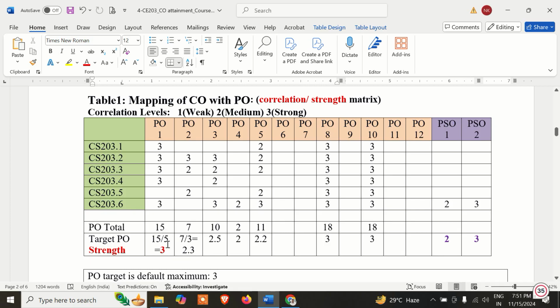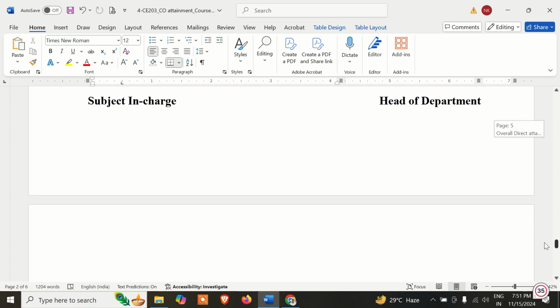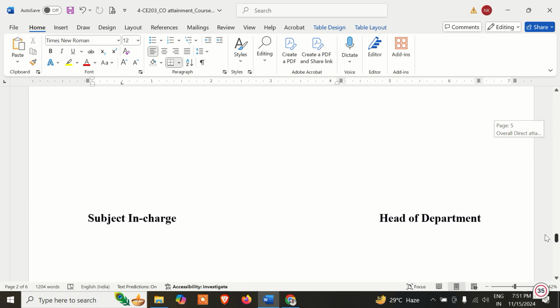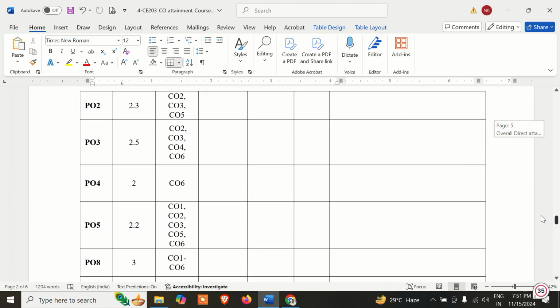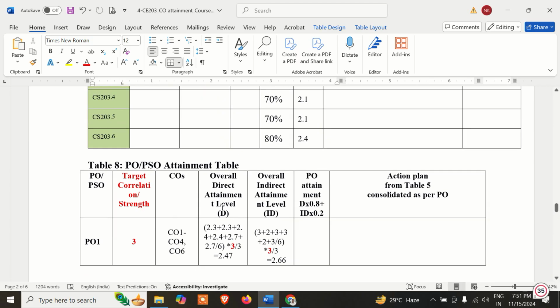You have to total them and average it, then you will come to know the strength of that particular PO. So this is your target level. The strength of the PO is the target at the end of the coursework and evaluation system, where you will be doing the assessment of the PO attainment table.